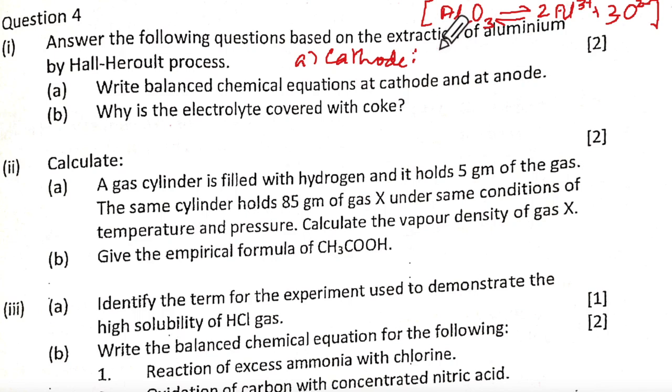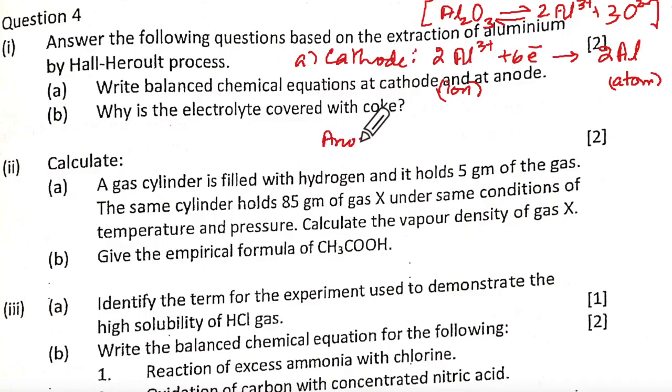At cathode, I'll have 2Al3+ gaining 6 electrons, and that will give us 2Al. Preferably, I would write over here atom, and I would write here ion. And this process is called being discharged. Then I will write anode.